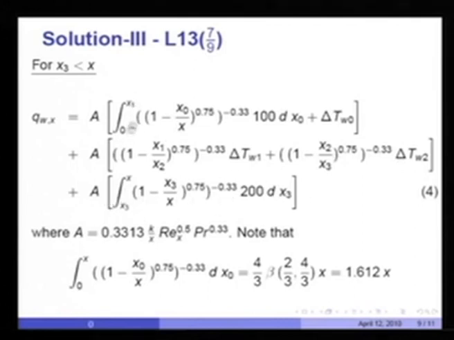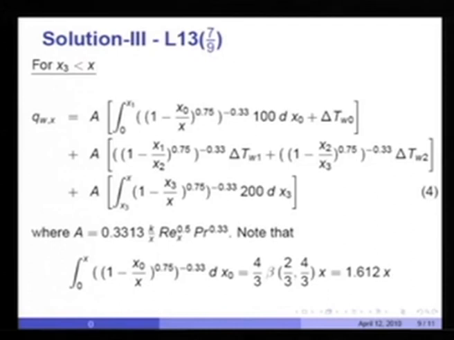Now, wherever the integrals are involved, like in this case and here, the integration from 0 to x of 1 minus x naught by x raised to 0.75, raised to minus 0.33, dx naught, is actually a beta function, and it can be shown that it is equal to 4 by 3 beta 2 by 3, 4 by 3, x, and that is equal to 1.612 x.